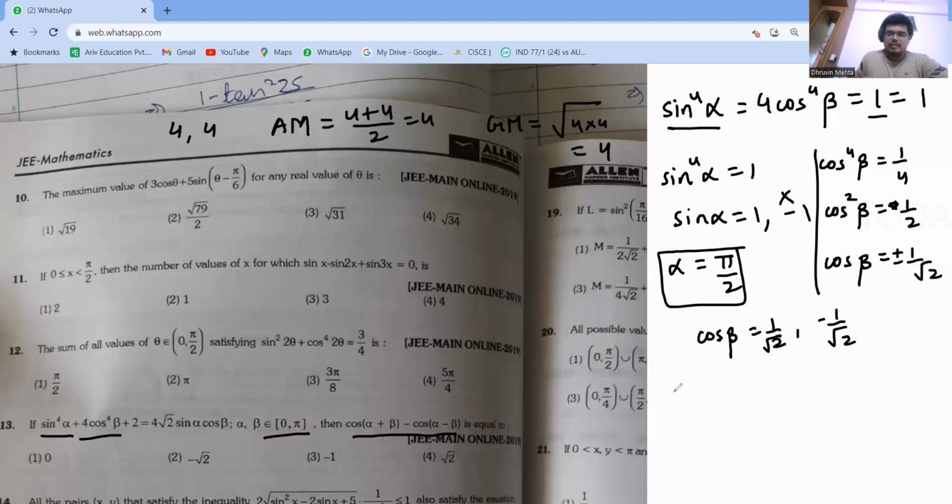And see, alpha is 90. We can actually use the allied angle formula this time, because when we put alpha as 90, how easy this has become. So guys, cos of 90 plus beta. What is cos of 90 plus beta? Use the allied angle formula.